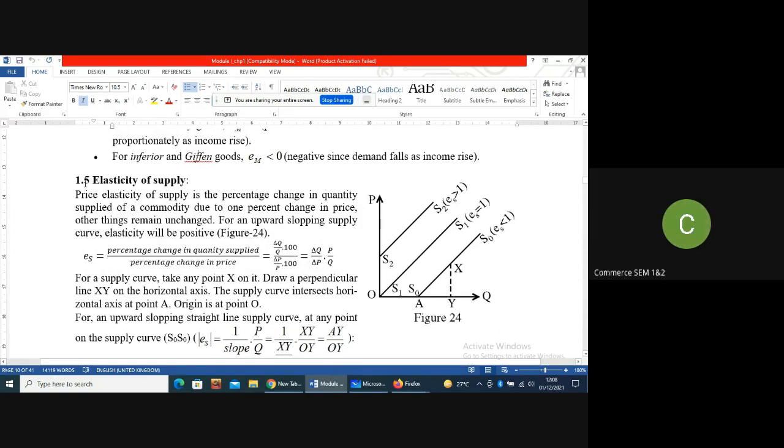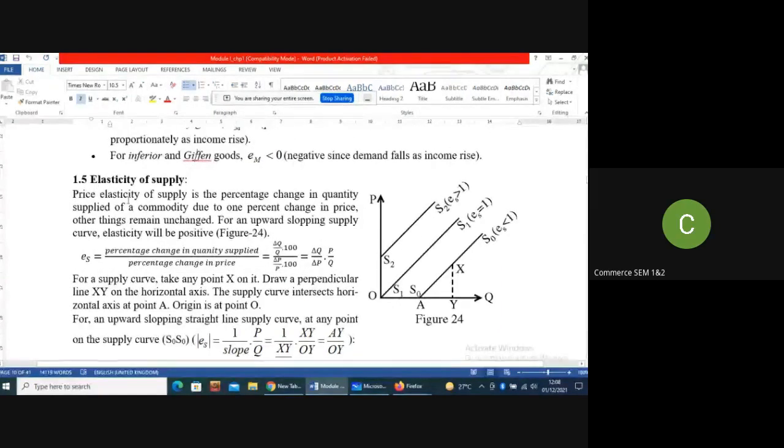Next, move on to elasticity of supply. Whatever we have done for the elasticity of demand, this is exactly the same thing. Earlier we had percentage change in quantity demanded. Now, instead of demanded in the numerator, we have percentage change in quantity supplied.